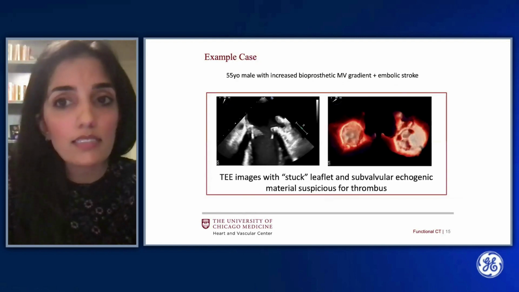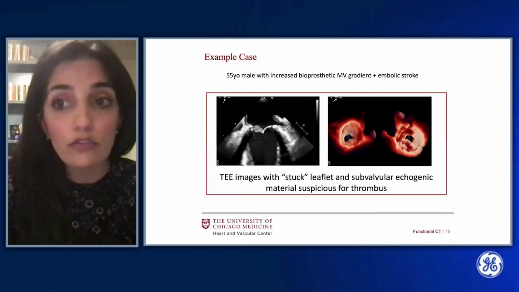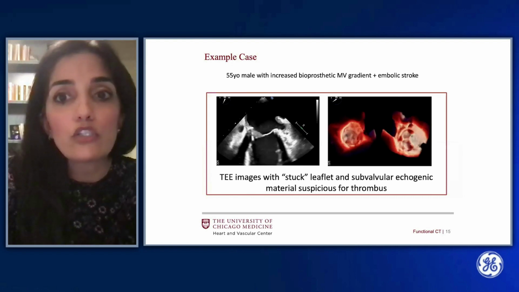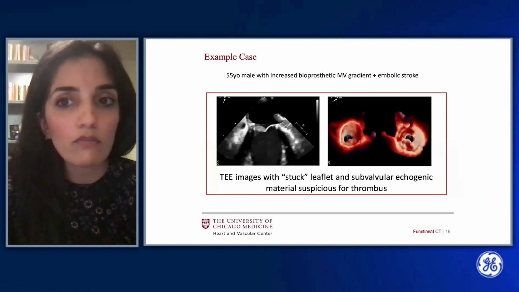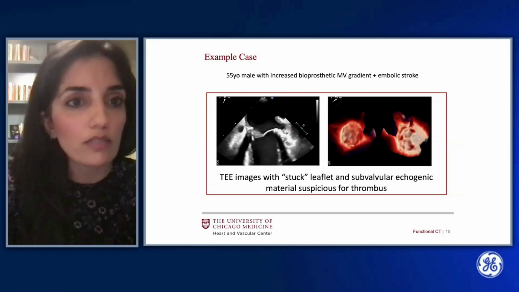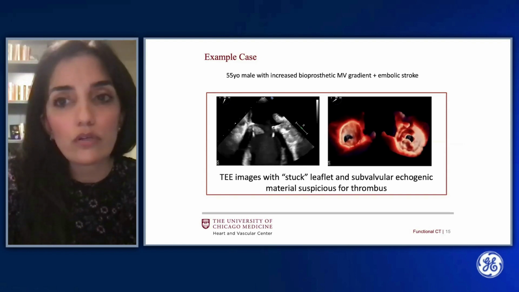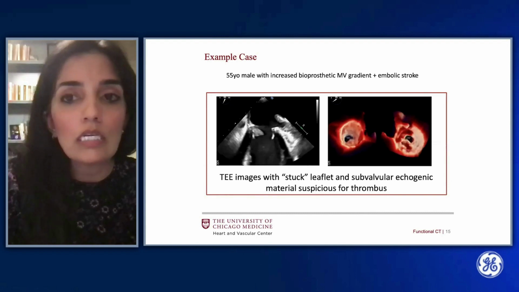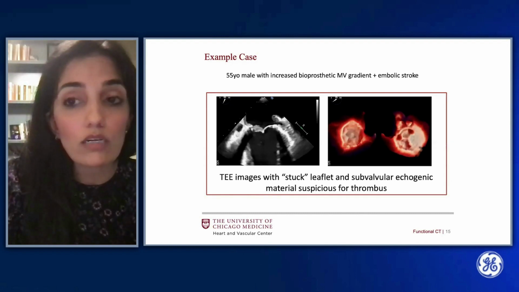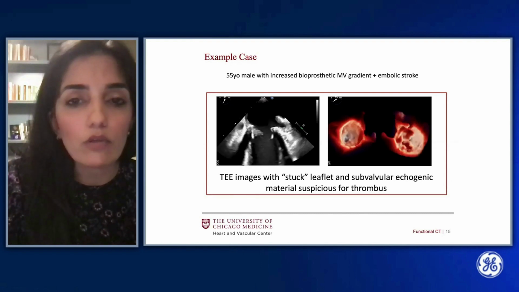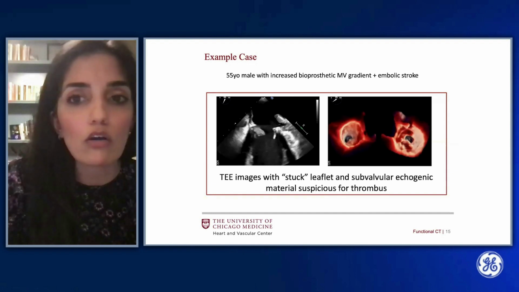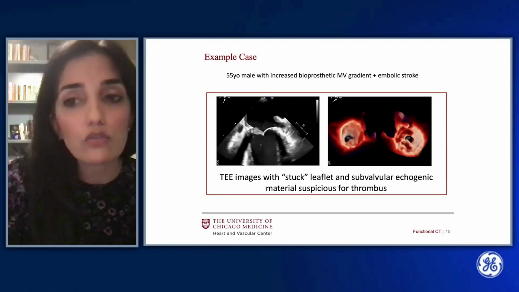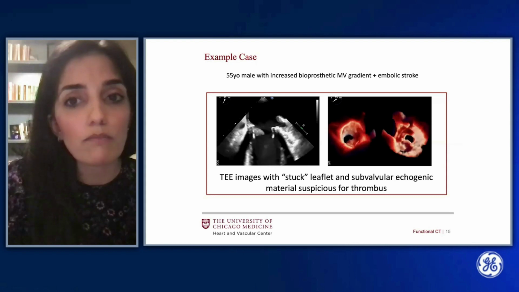I want to emphasize that CT can be useful for surgical and transcatheter valve assessment. Shown here is a case of a 55-year-old man from our institution with a history of a bioprosthetic mitral valve placed 2 years prior, who presented with an increase in transmitral gradients and stroke. TEE shown here demonstrated a so-called stuck leaflet with echogenic material impinging opening of one of the cusps, concerning for thrombus versus vegetation.